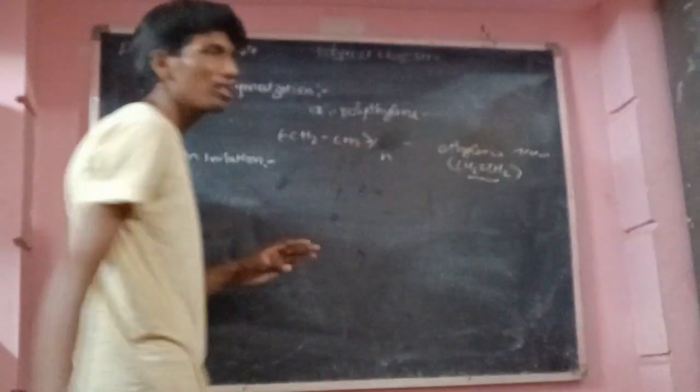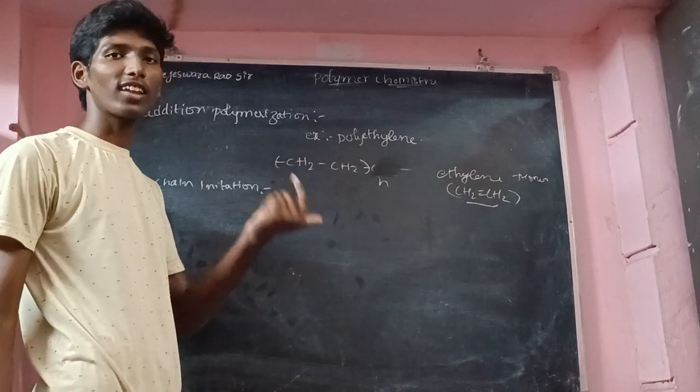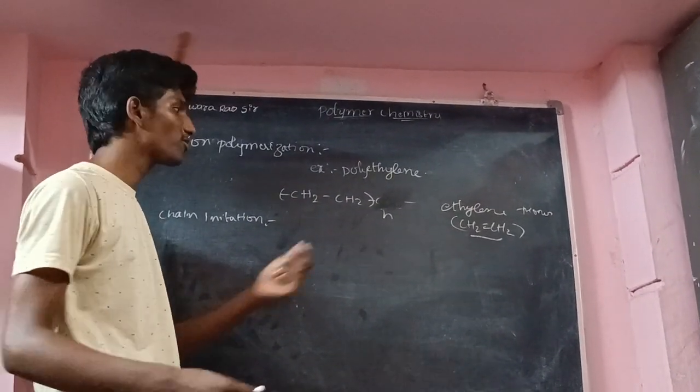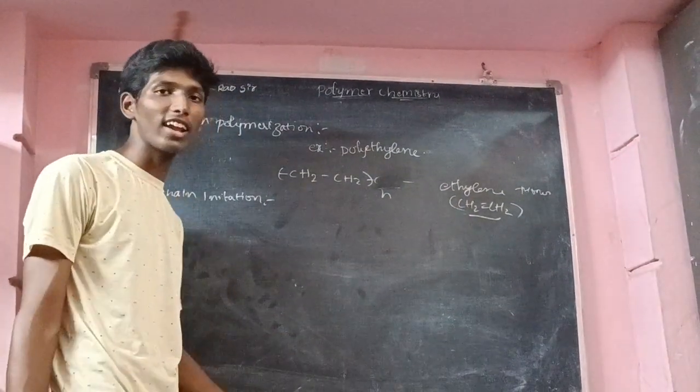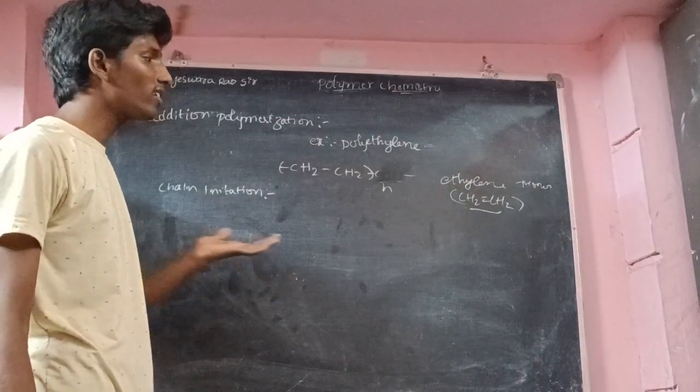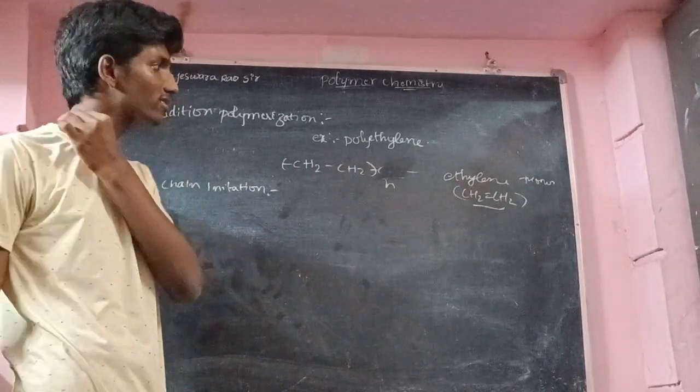When these monomer units are added to a phenyl radical, C6H5, a big radical is formed.